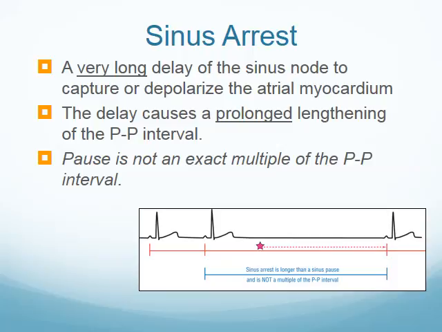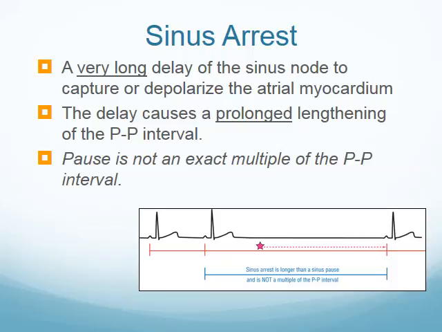Sinus arrest is a very long delay of the sinus node to capture. The delay causes prolonged lengthening of the P to P interval, and it's also not an exact multiple of the P to P interval. Sinus arrest is longer than a sinus pause. The only difference is the length of it. There are varying descriptions of sinus pause versus sinus arrest.